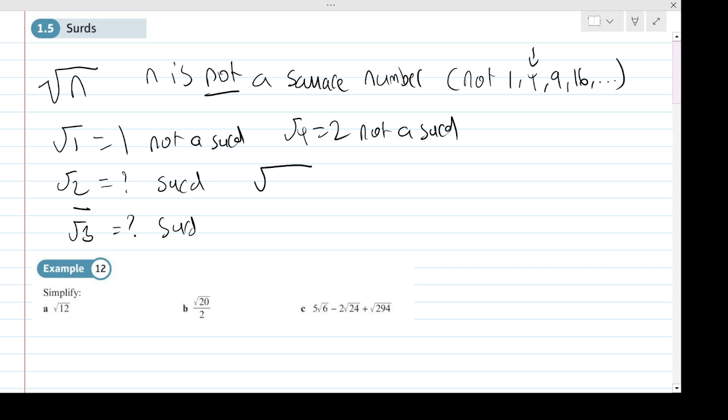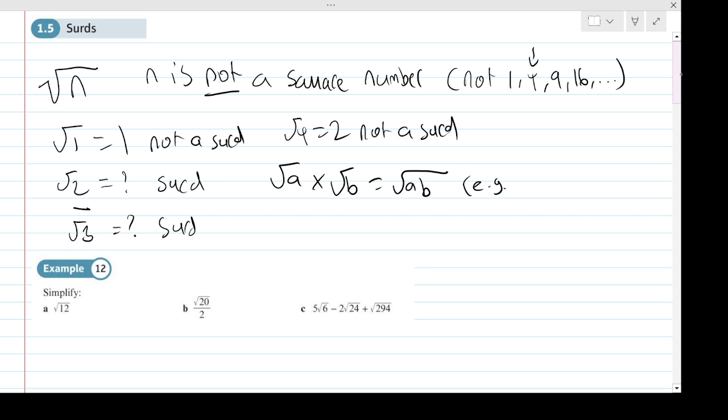So these two laws in particular: first of all, if we are timesing two surds together, two square roots, then naturally you can bring them together as one, in this way.